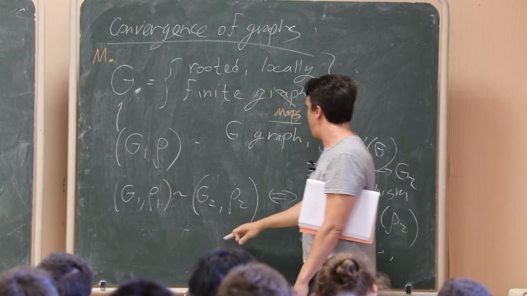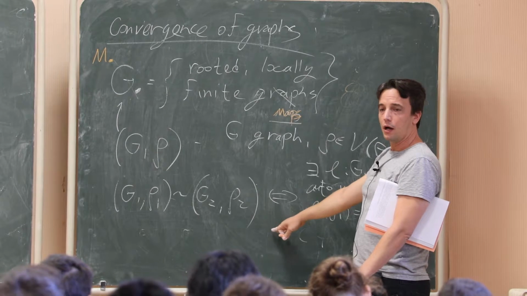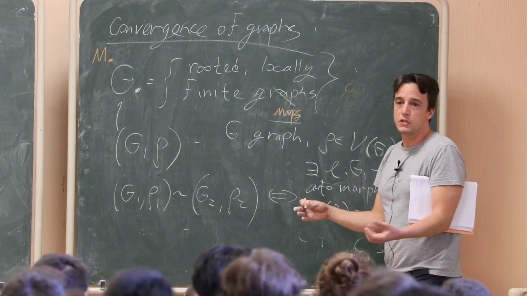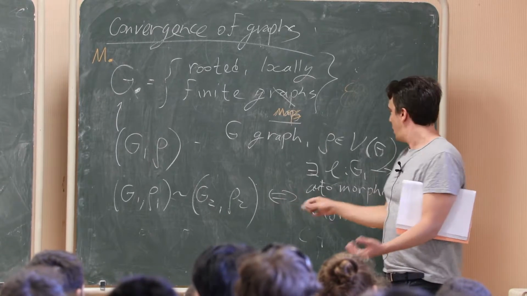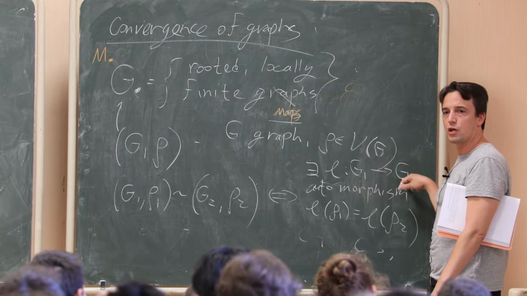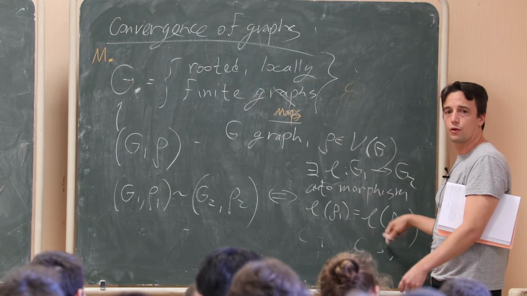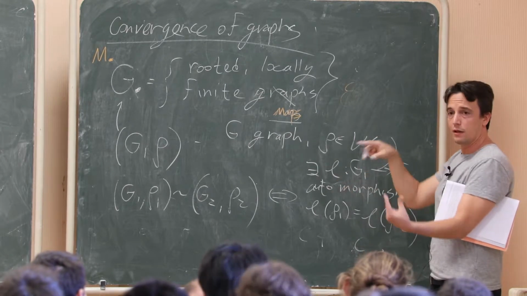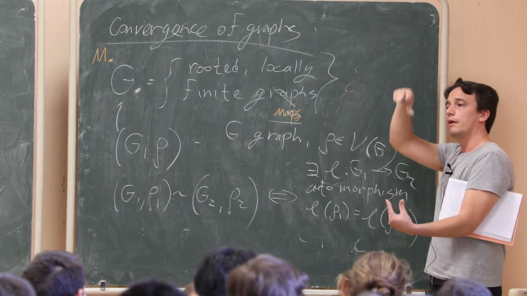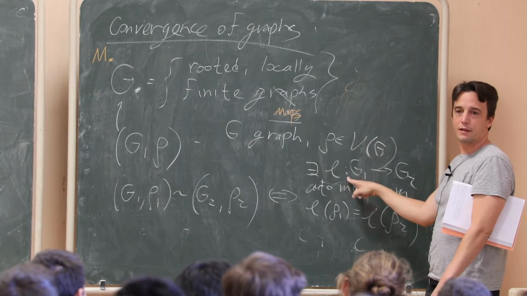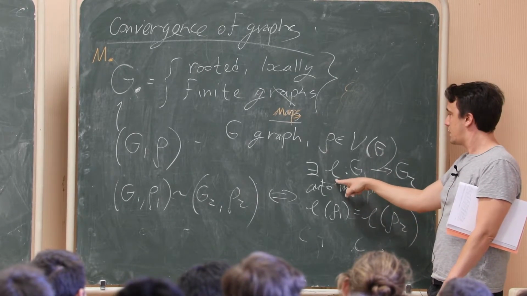And then we have to define what it means to be an automorphism between maps, which is going to be the same thing. It's a bijection phi between the vertices such that the root goes to the root, and the cyclic permutation in the original map and in the target map is maintained by this bijection.